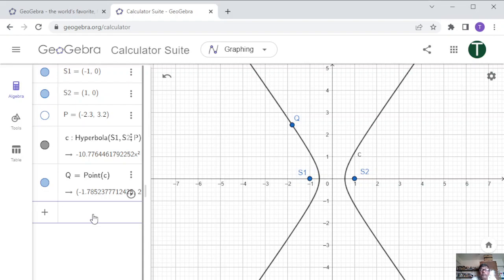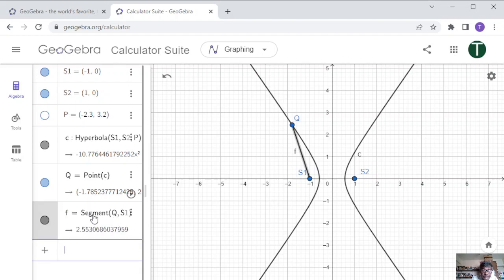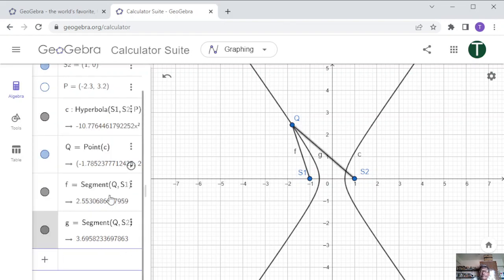I draw the segment Q comma S1, then the same thing, segment Q comma S2.